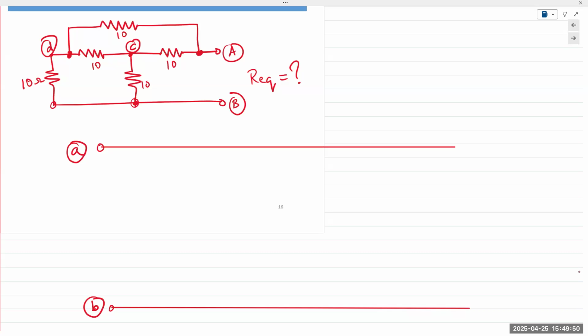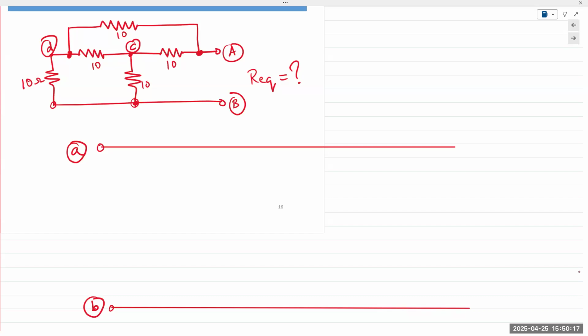So let's start first from node A to node C. Remember, the objective in this technique is to start at a particular node and move towards the end of the other node, meaning measurement terminals are nodes A and B. So we want to start from A and make our way towards B.